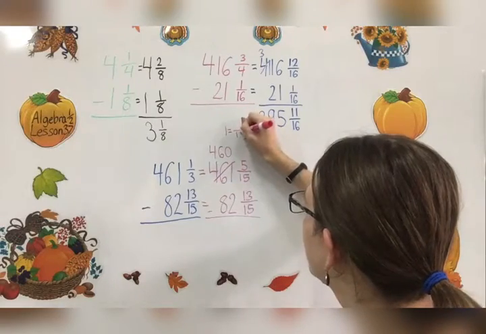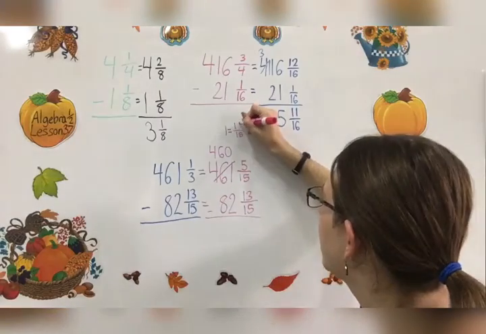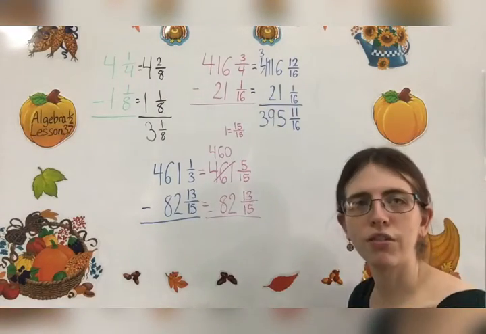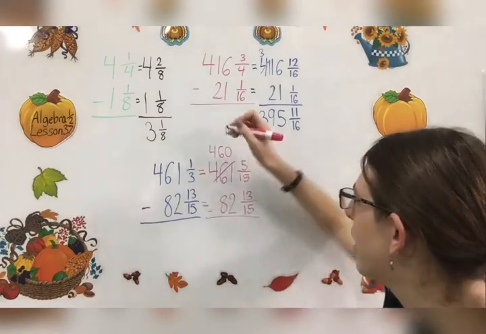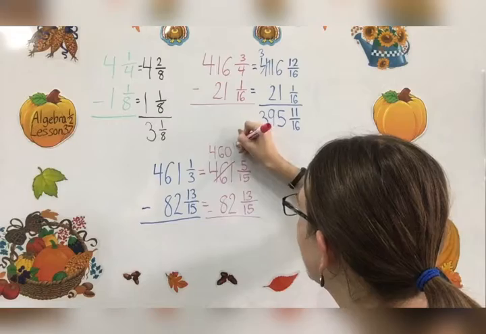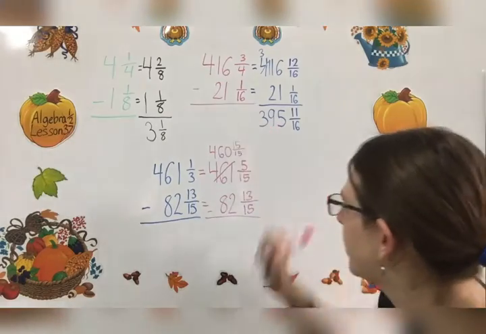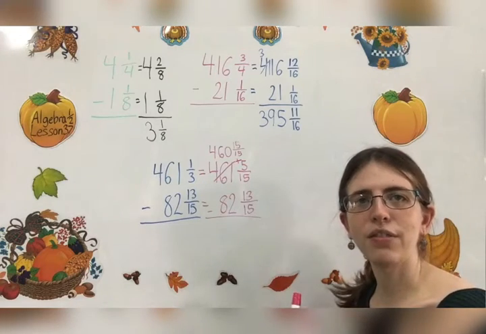And since the numerator and denominator have to be the same for it to equal 1, it becomes 15/15. So this 461 changed to 460 and 15/15. And we're going to add that to our 5/15.